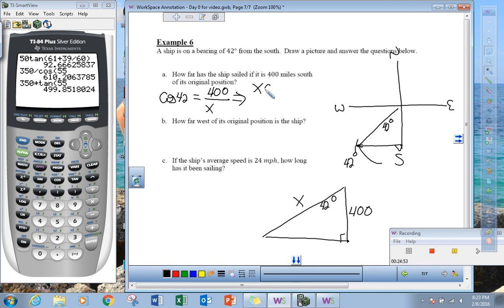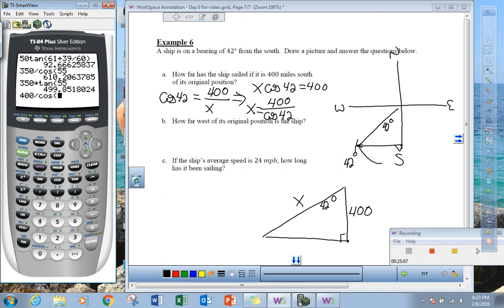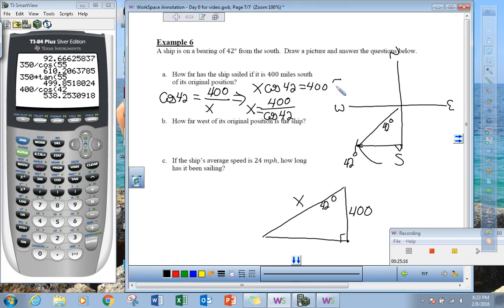I'm going to have x times cosine of 42 equal 400. So x is going to be 400 divided by cosine of 42. So it looks like we'll have traveled approximately 538.3 miles.